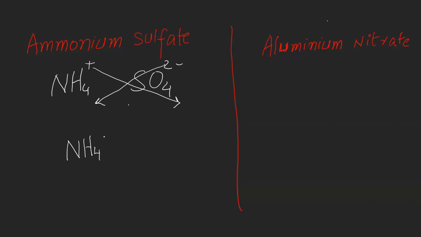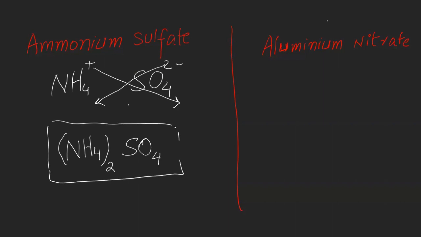So we need to have a bracket around NH4 and then write 2 outside. And similarly, SO4 is only 1, so we don't need a bracket. But if SO4 were 2 or 3 units, then we again need a bracket. So this is the formula of ammonium sulfate.